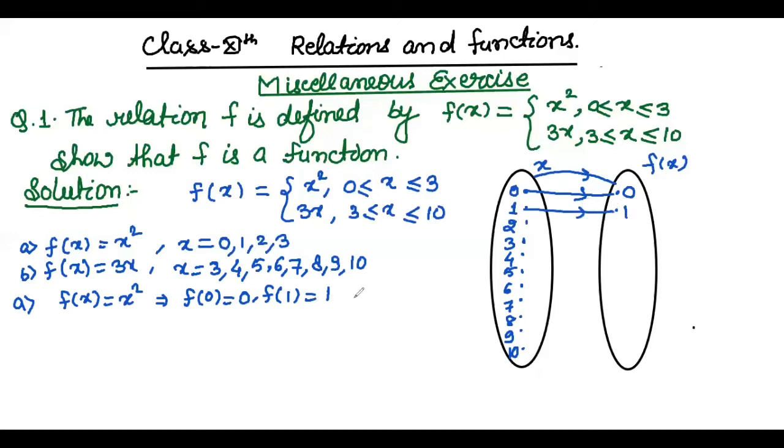Now f of 2, that is 2 square, that is 4. Then f of 3, it is 3 square, that is 9.